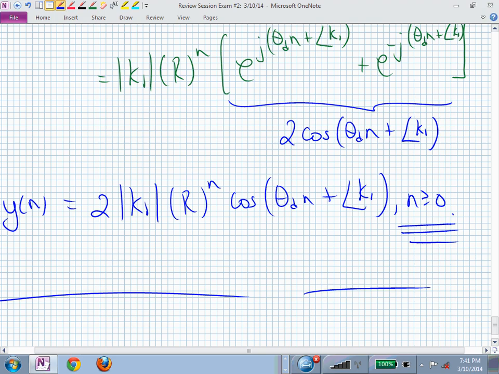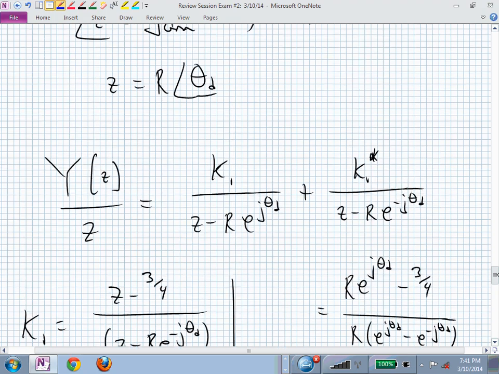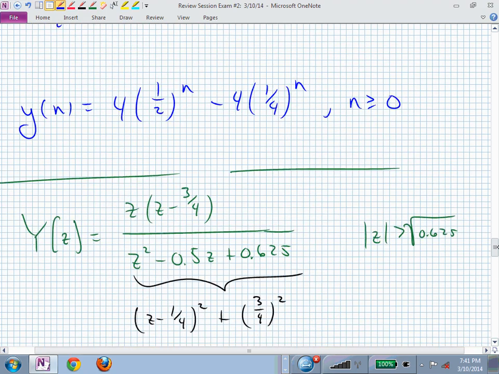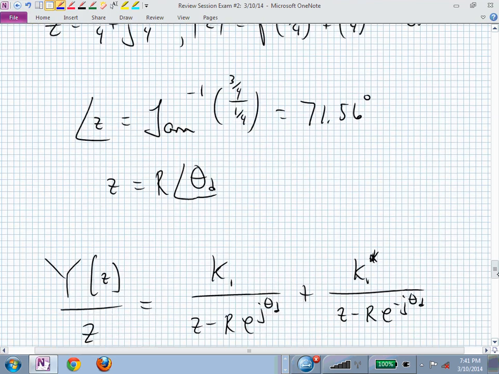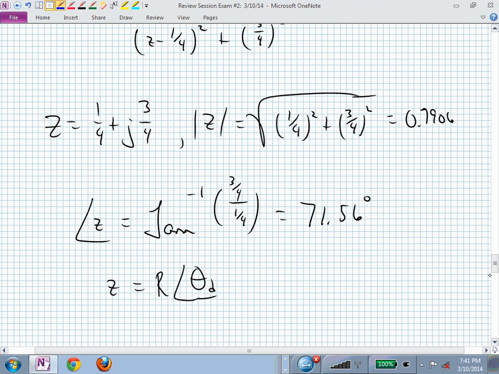So now, does this particular Y of z that we started with lead to a bounded little y of n? We need to say, what was r? R, for those of you in class, was 0.79.